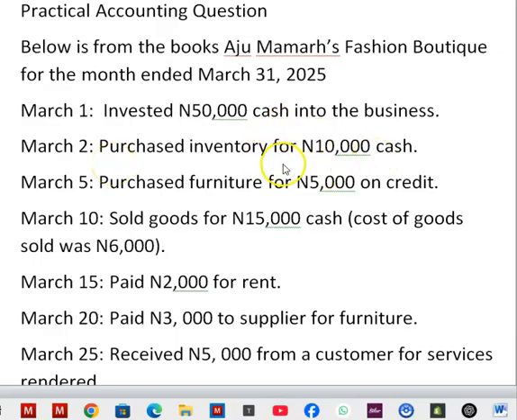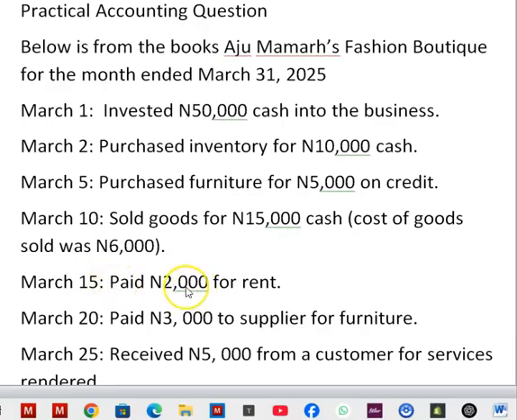Second March, purchased inventory for 10,000 naira in cash. 5th of March, purchased furniture for 5,000 naira on credit. The 10th of March, sold goods for 15,000 naira cash, and the cost of those goods was 6,000.